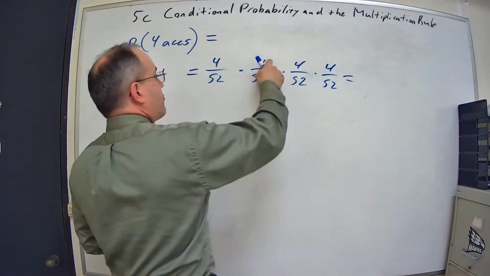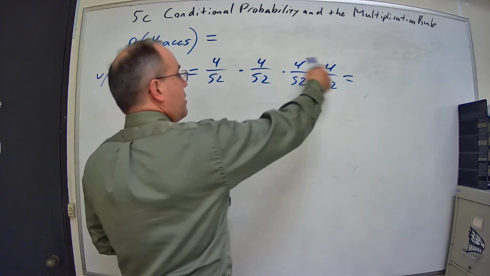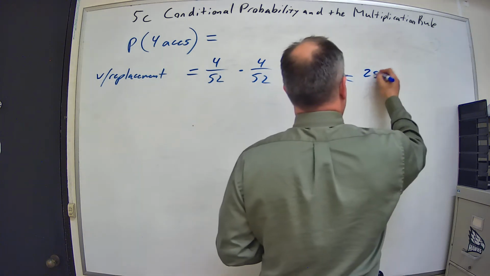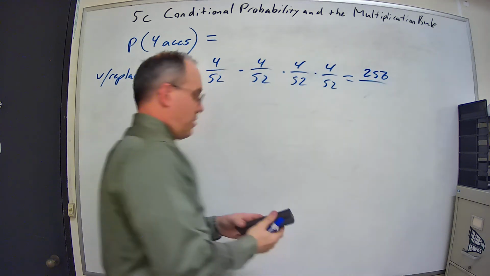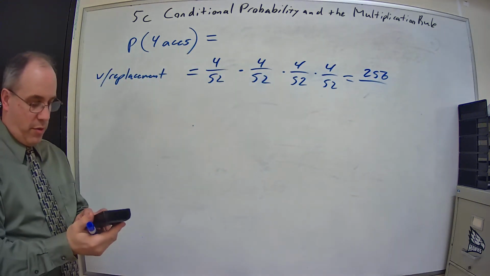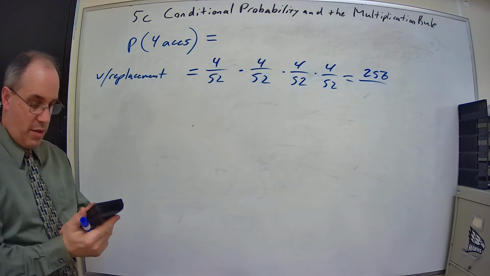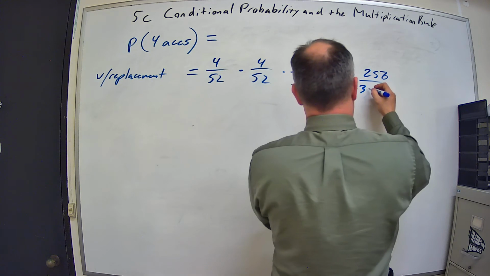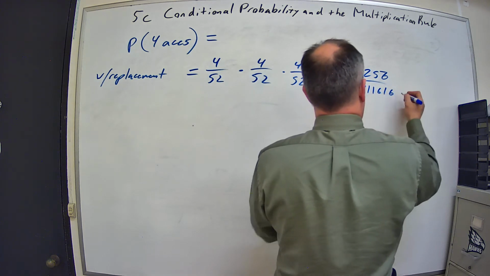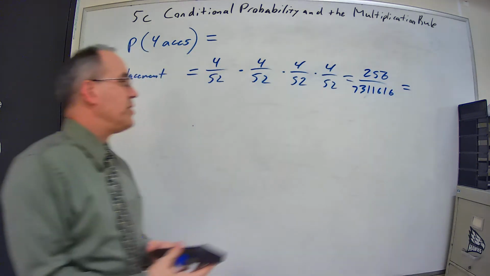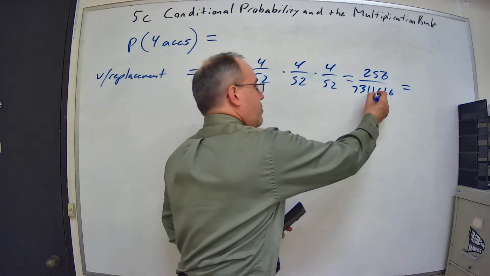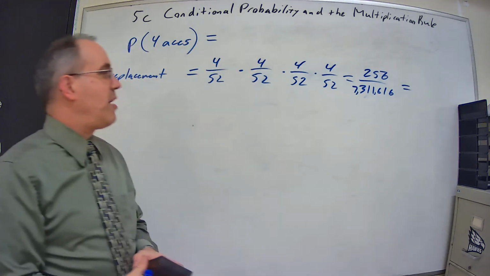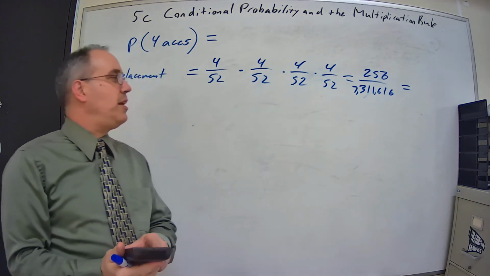So 4 times 4, 16. 16 times 16, 256. 52 to the 4th, 7,311,616. So 256 over 7,311,616.